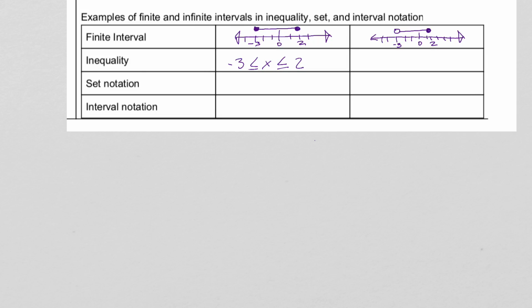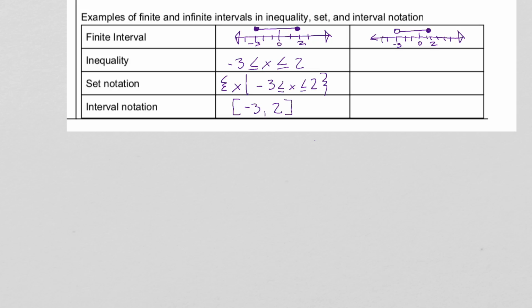In set notation, I would do these brackets, x, vertical bar, and basically then I list the inequality. See, that's not too hard, it just sounds complicated. And I do the bracket. And then in interval notation, that would be this type of bracket, -3, 2.